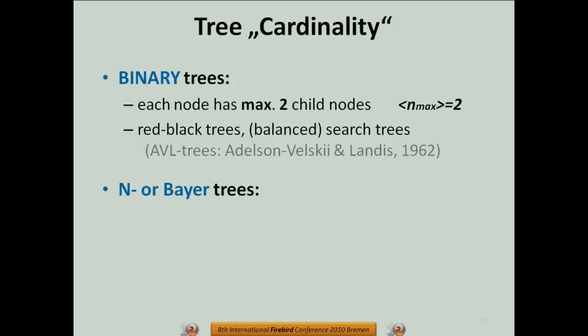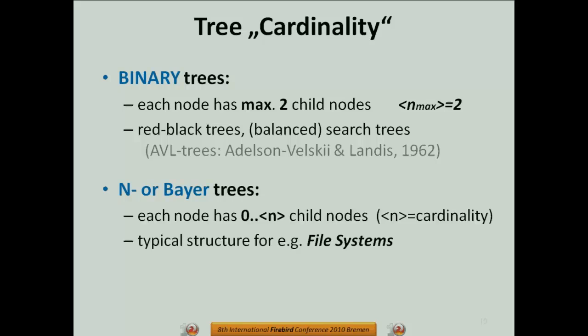And then, more general, we have n-ary trees, which means that obviously nodes can have more than 2 subnodes. So this can be 0 through n subnodes, and what we distinguish here is trees where you have a fixed number of n, so you have a maximum number of nodes per parent node. These are usually B-trees.